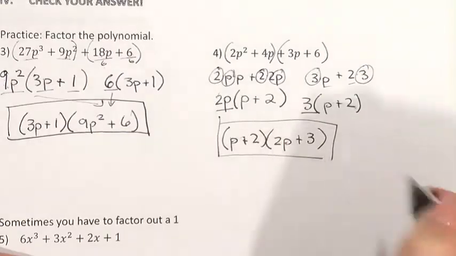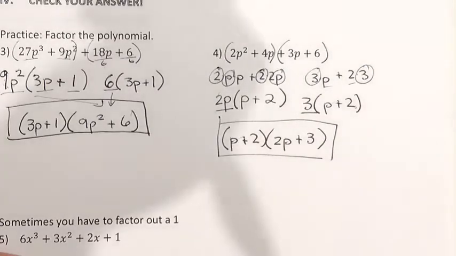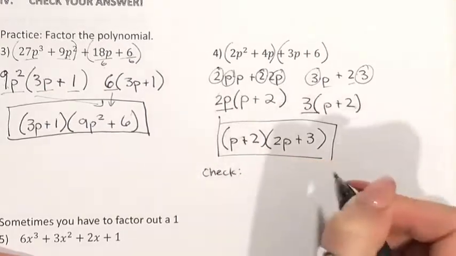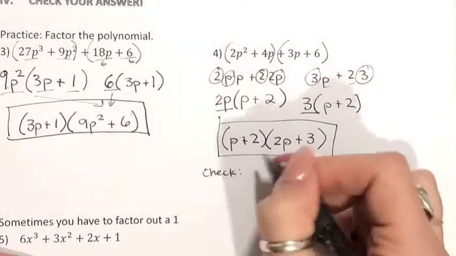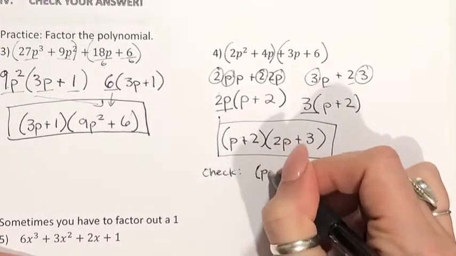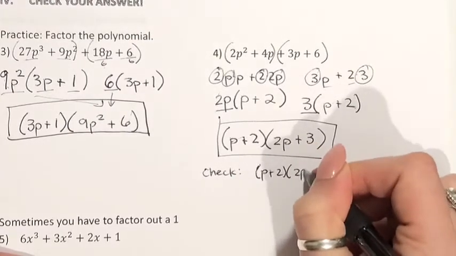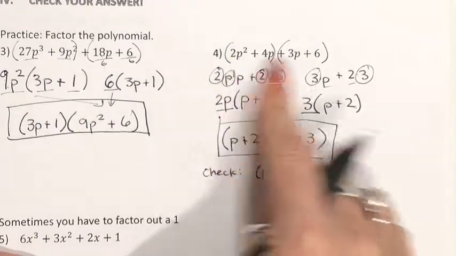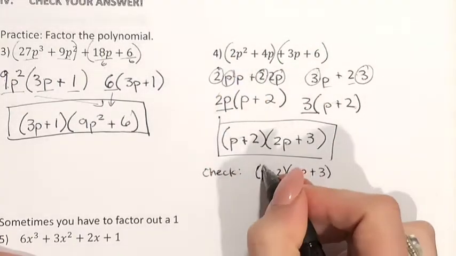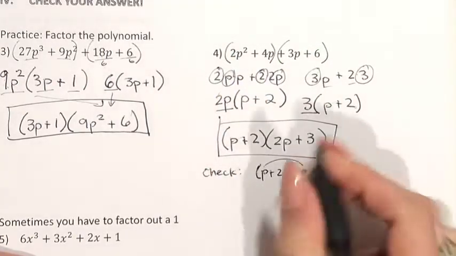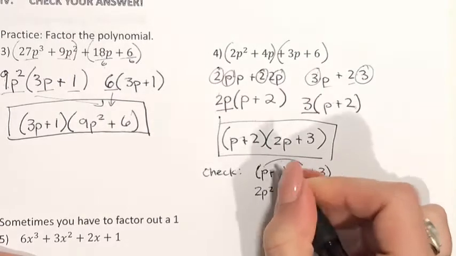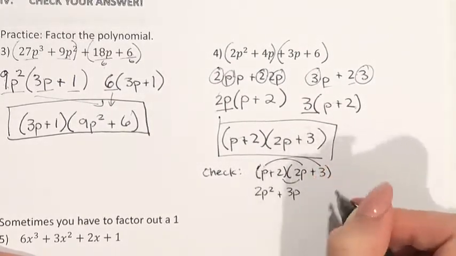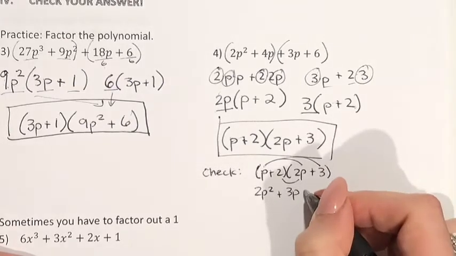And the nice thing is you can always check to make sure your answer is right. If you want to make sure your answer is right, like say you're on the ACT and you don't want to get anything wrong, all you would need to do is FOIL it. If I multiply these together, I should get this back. So if I times it, I could do p times 2p is 2p squared. P times 3 is 3p. 2 times 2p is 4p.